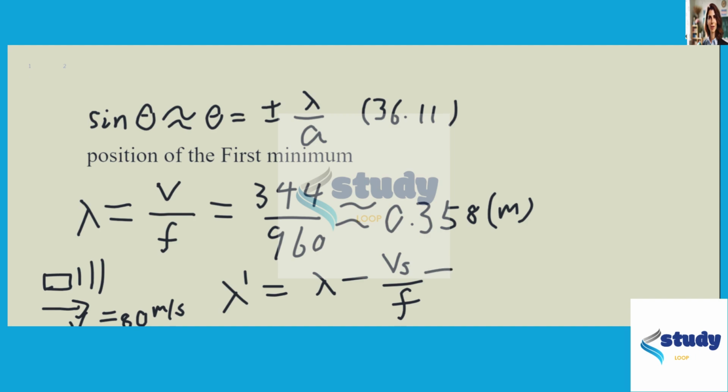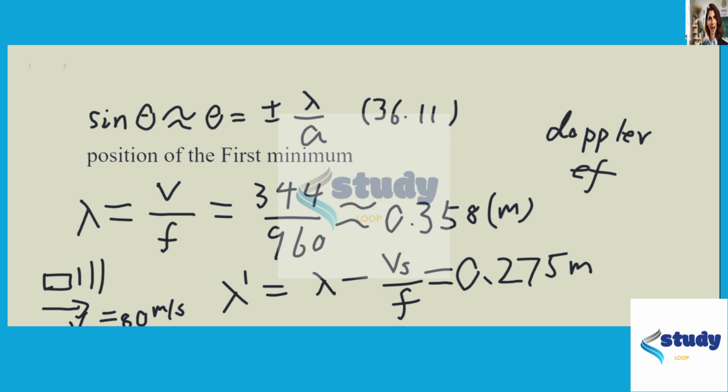So it equals 0.275 meters. We see that this is called the Doppler effect.